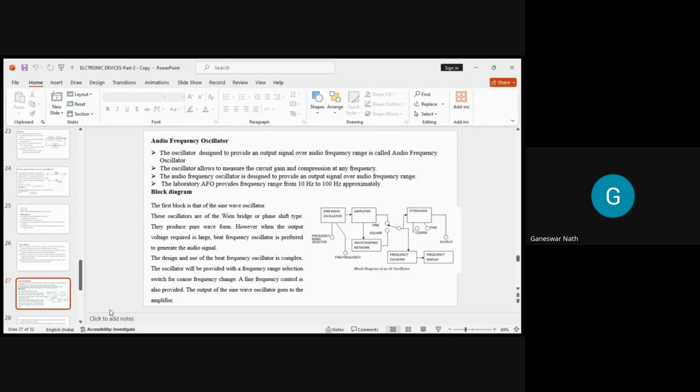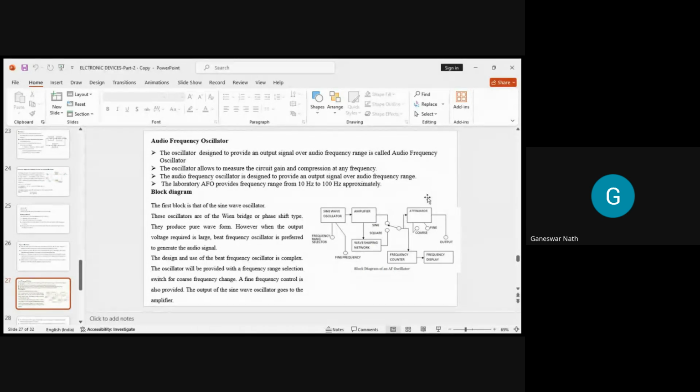The oscillator is provided with a frequency range selector, a switch for coarse frequency, and a fine frequency control. The output of the sine wave oscillator goes to the amplifier.